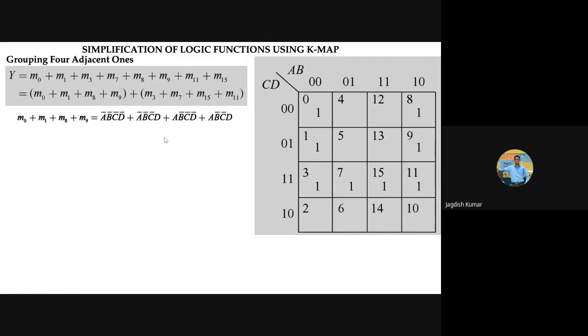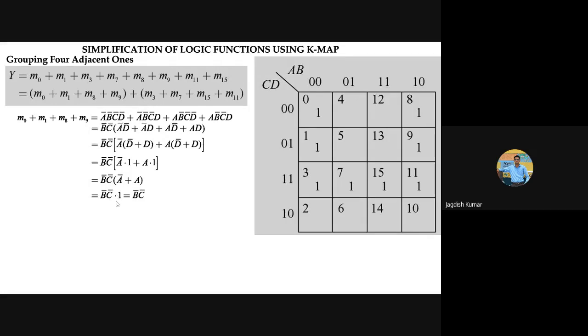If we apply some theorems of Boolean algebra, you can do it yourself, note it, and you will find that this leads to B bar, C bar. So this simplification is done for this quad, not for this.